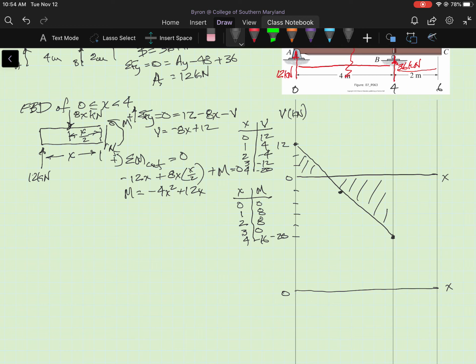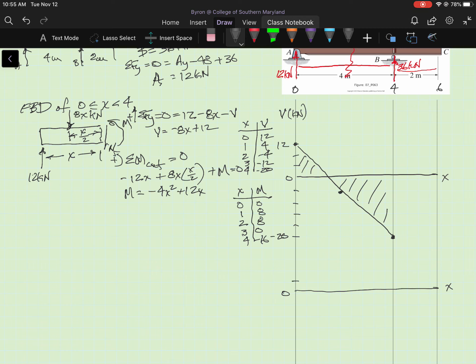Notice x equal 1 and 2 gave me the same value for the moment. So this is a parabola that's going to open downwards, and its max is going to occur between 1 and 2.